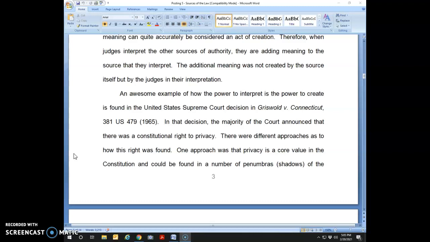So Planned Parenthood in Connecticut challenged the constitutionality of the law. In other words, the claim was made that this Connecticut law was unconstitutional. And the majority of the court in Griswold versus Connecticut upheld the challenge, meaning that they found that the law was unconstitutional because it violated, and they try to keep it narrowed by saying, a married couple's constitutional right to privacy.